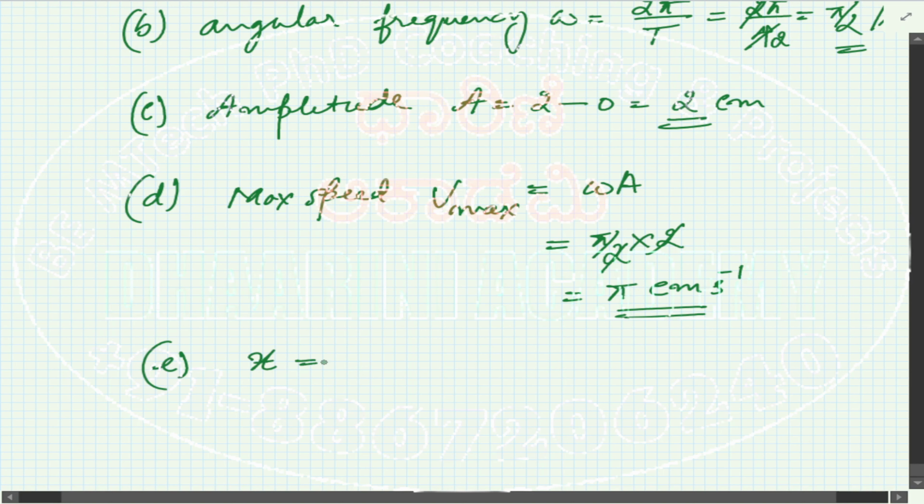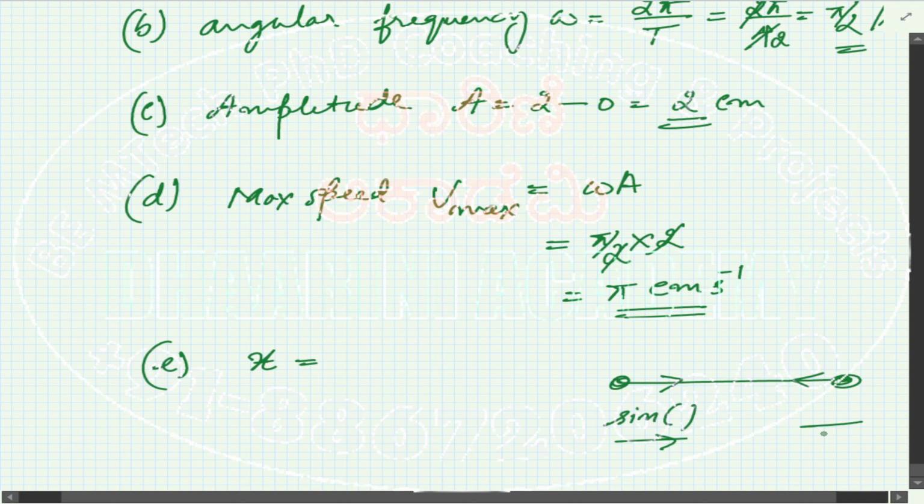X is equal to, see, actually we have two types of oscillations, right? Maybe we have oscillation starting from this side, it goes till here and comes back, right? So if it starts from left and moves to right, we assume that direction as sine.